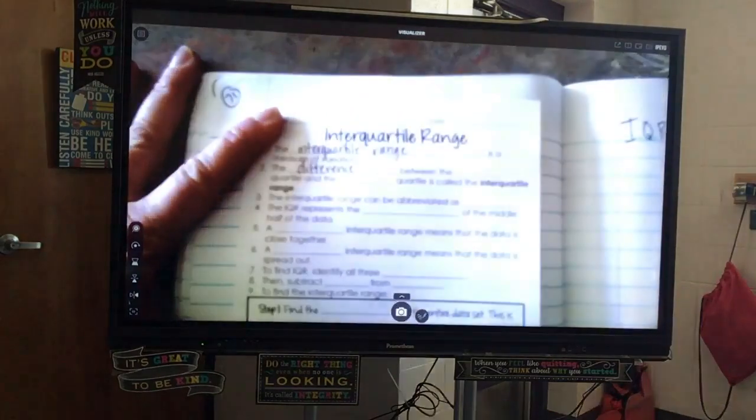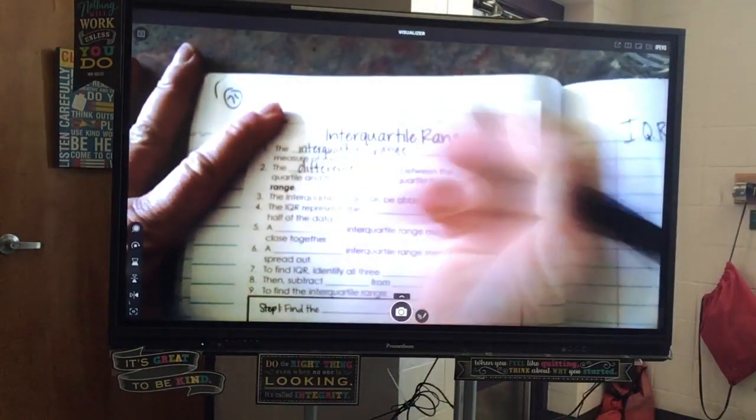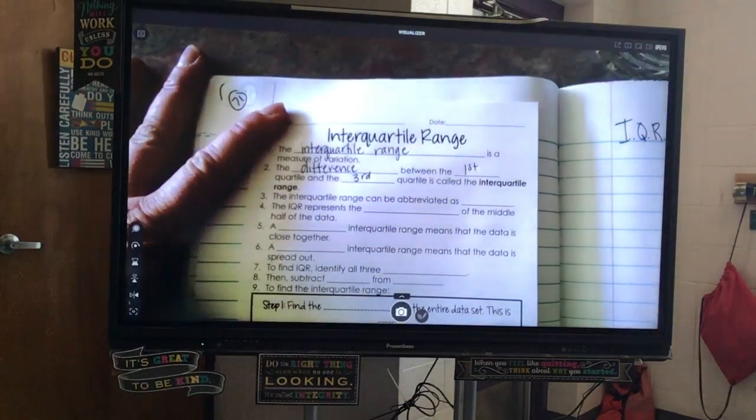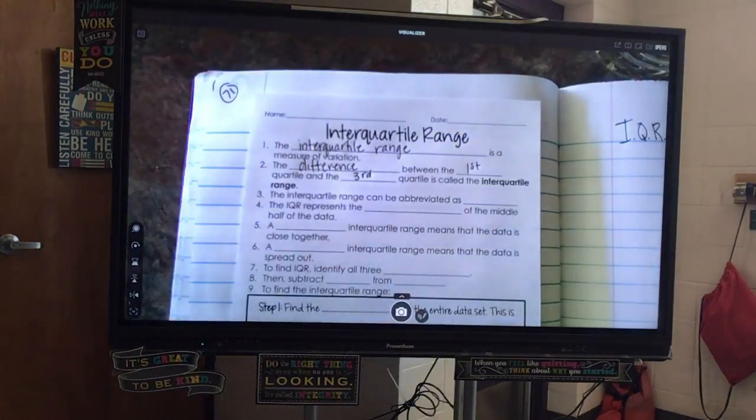The difference between the first quartile and the third quartile is called the interquartile range. So essentially, Q1 and Q3, we're finding that range in there. How do you find the range? The difference. Oh, right. You have to subtract the first quartile from the third quartile. Yep.